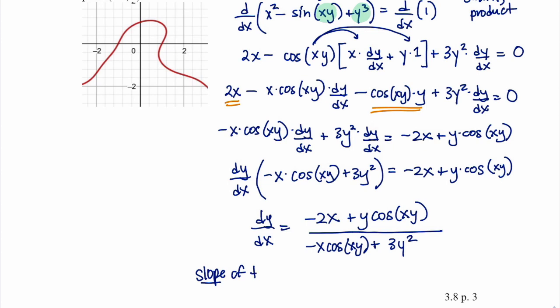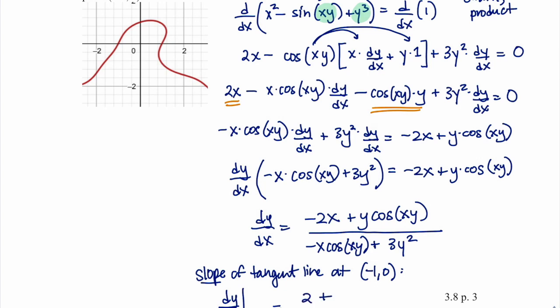So the slope of the tangent line at the point negative 1, 0 will be dy dx at negative 1, 0. So we're filling in negative 1 for x, which means I'm going to have positive 2.